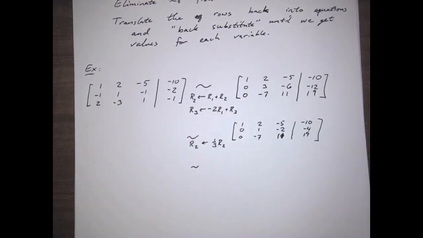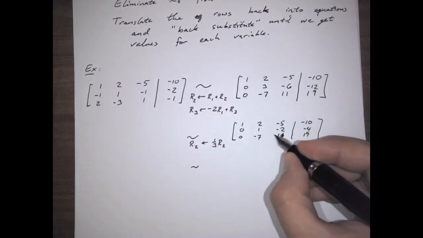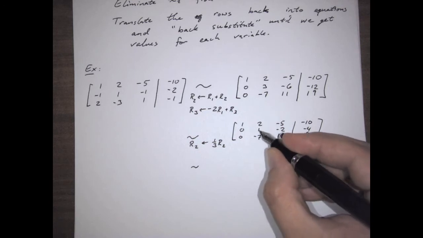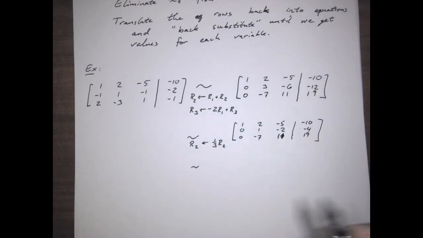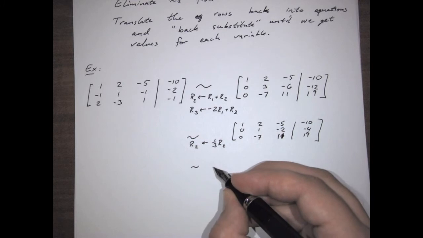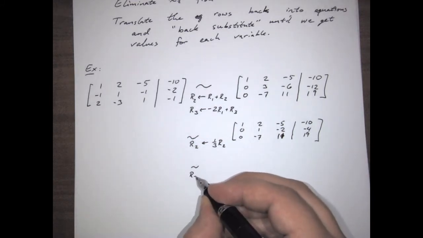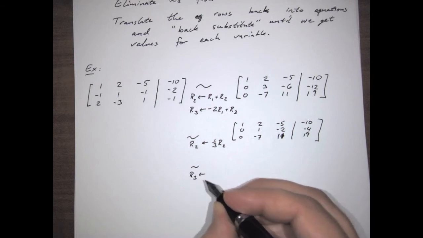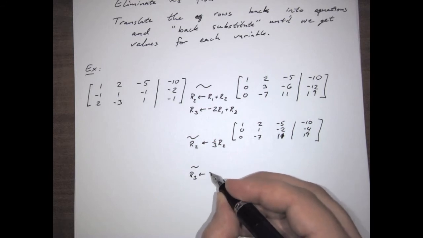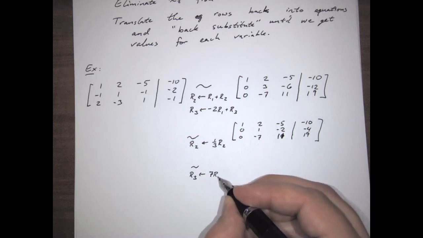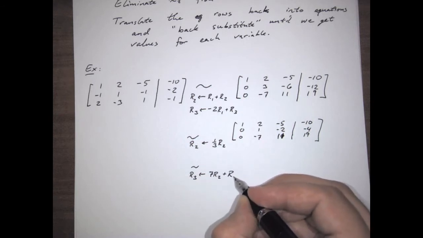So now that we have it scaled down, we can cancel that 1 down to that negative 7 just fine, and so we shall. And so that means what we're doing is we're going to be replacing row 3 by positive 7 times row 2 plus the old row 3.